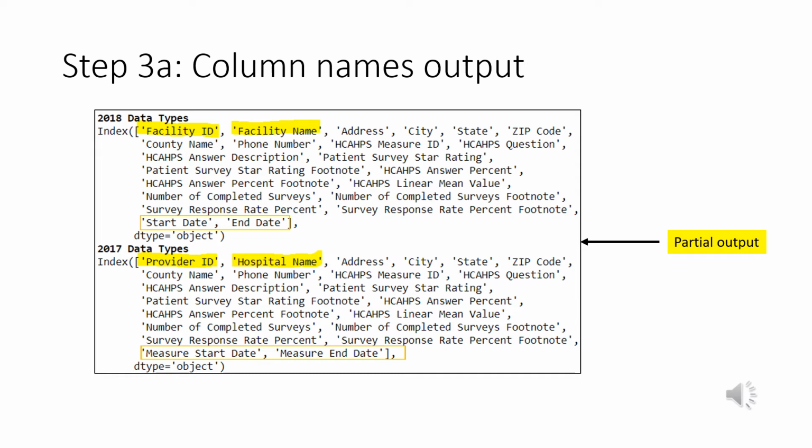So 2017 all the way to 2015, the column names are the same. But in 2018, what changed was the facility ID and facility name instead of using provider ID and hospital name. And also the measure start date and the measure end date changed to start date and end date. And again, all these are critical attributes that you need to use in your calculation going forward.